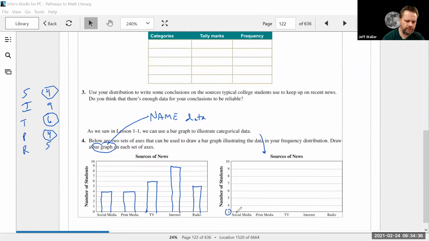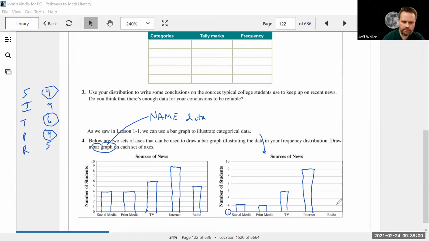So let's see what this looks like. Social media was 4. Print media was 4. TV was 6. Oh, I forgot they did something weird. TV was 6. Internet was 9.